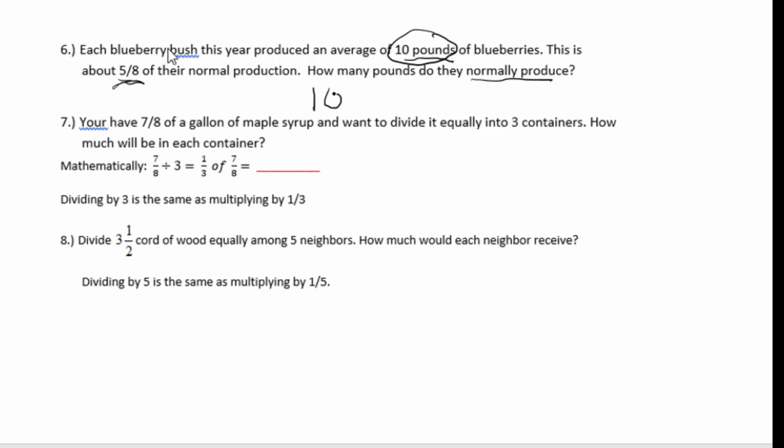So watch how you're going to do this. I'm going to take the 10 pounds and divide it by 5. So if that's 5/8 divided by 5, that's 1/8, and then I'm going to multiply it by 8. 10 divided by 5 gives me 1/8, which is 2. 2 times 8 is 16.